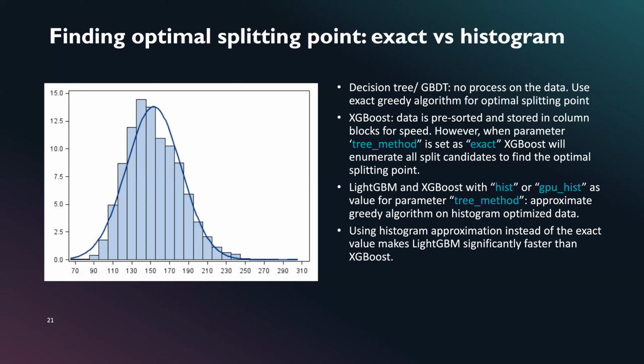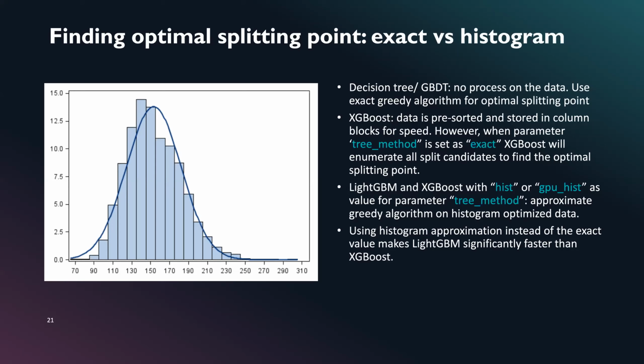And after LightGBM introduced such an idea, XGBoost just followed. In the newer version of XGBoost, you will see there's a parameter called tree method. It can choose to use exact, which tries to find the best splitting point by using the exact value.